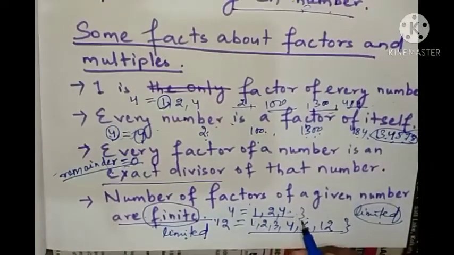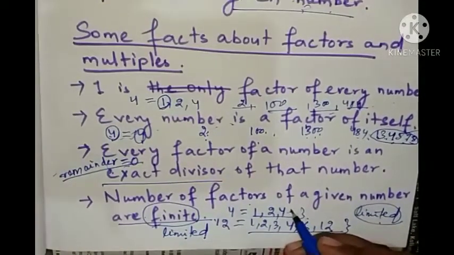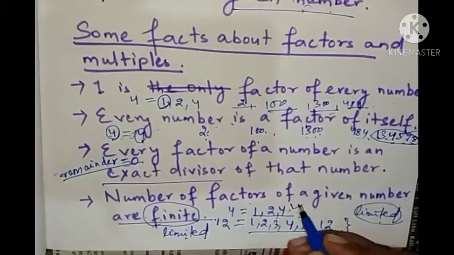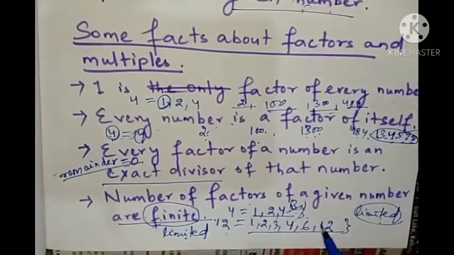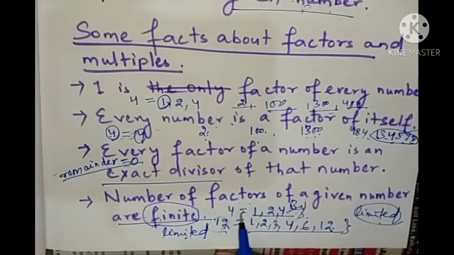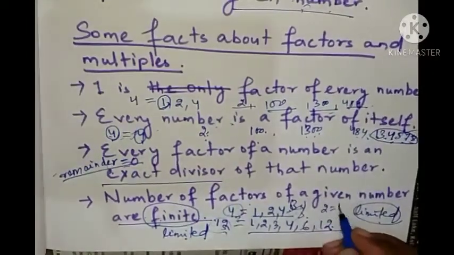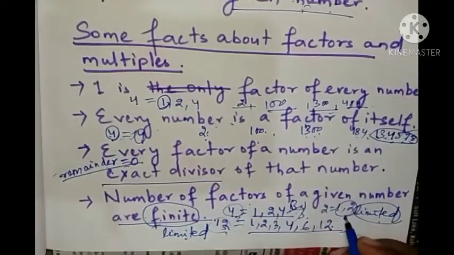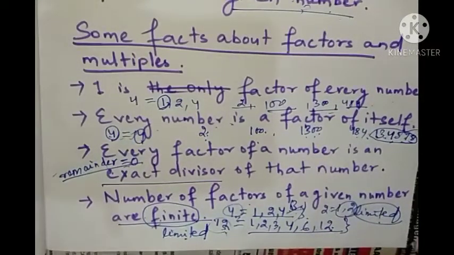Like factors of 4, how many factors are there? 3 factors. How many factors are there for 12? We'll count 1, 2, 3, 4, 5, 6. 6 factors are there for 12. 3 factors are there for 4. For 2, 1, 2, only 2 factors are there. So that's why it is finite.